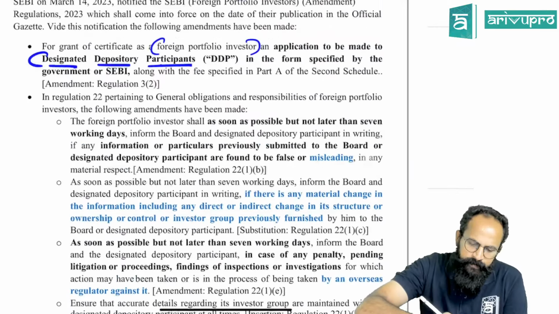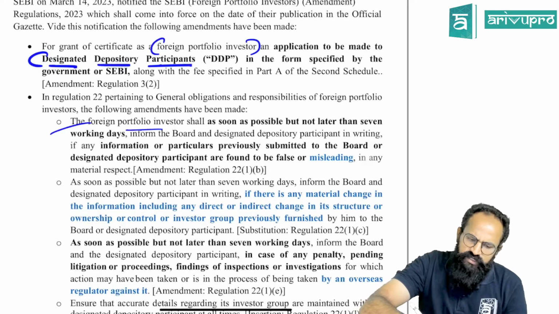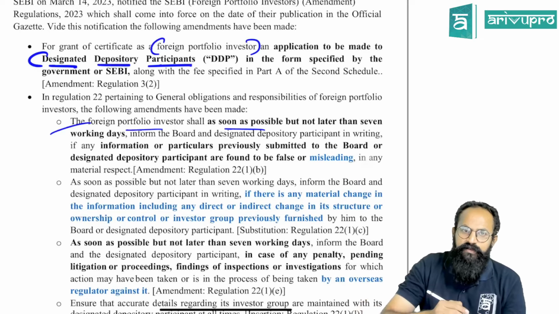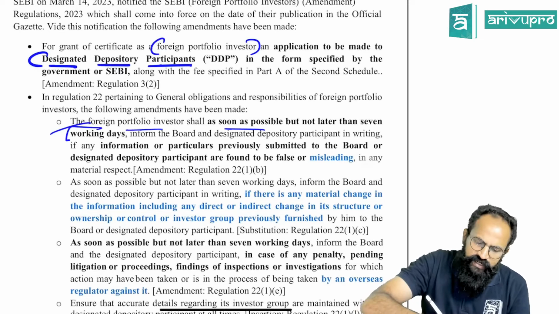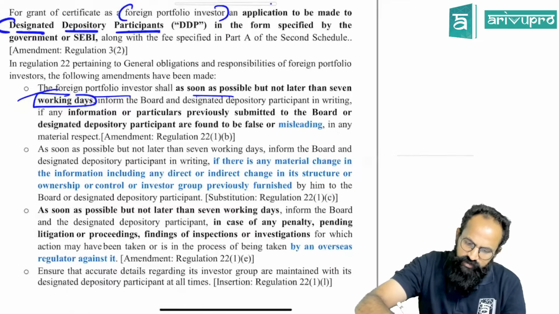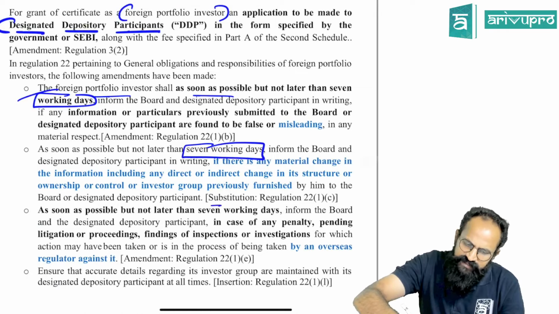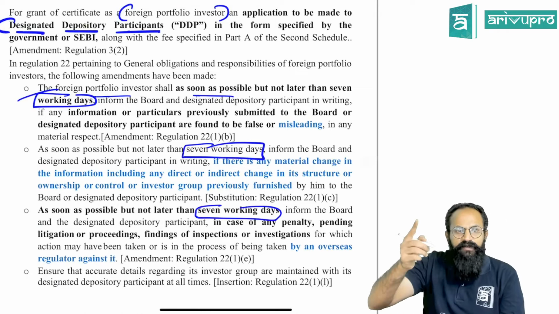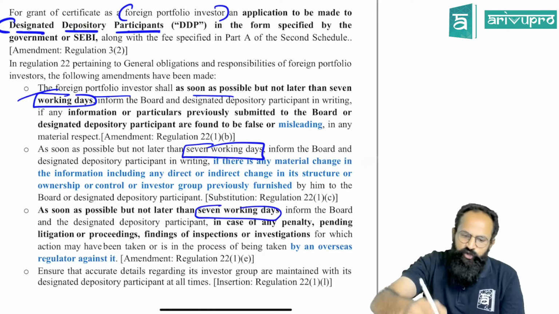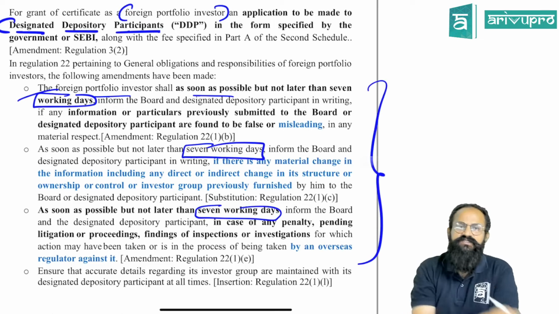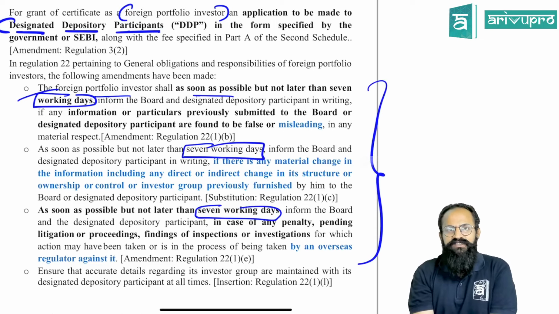See here. The foreign portfolio investor shall, as soon as possible, but not later than 7 working days. Everything is 7 working days only. You have to intimate whenever there is a change. So you need to intimate in 3 instances. What are the 3 instances, sir?